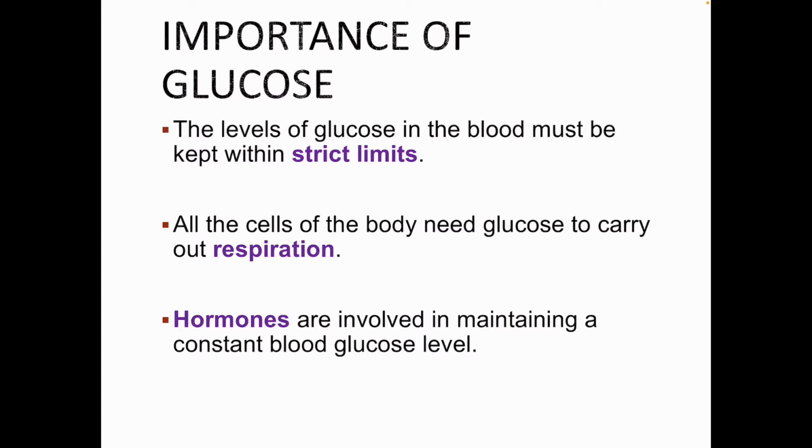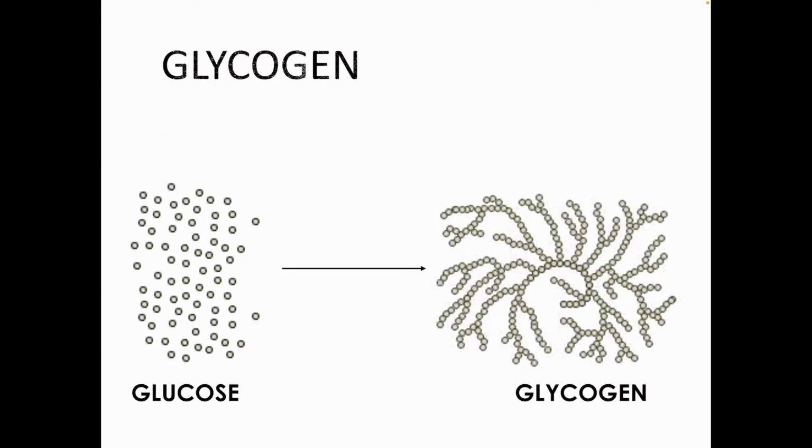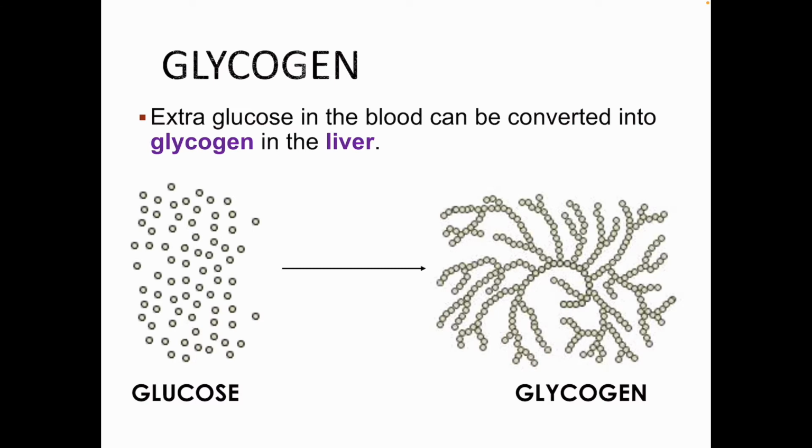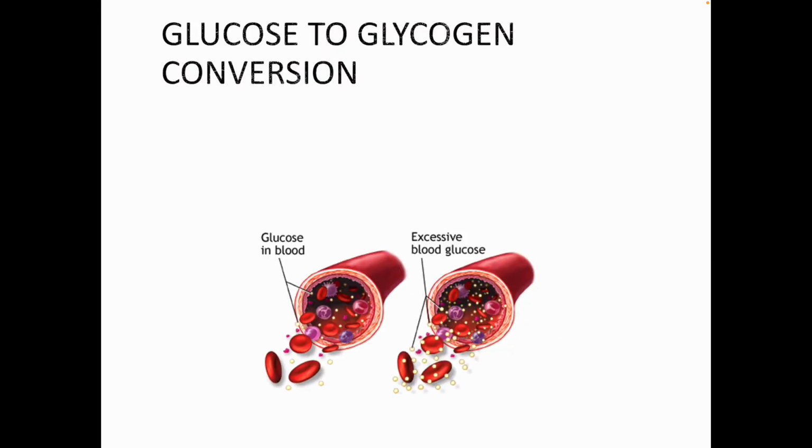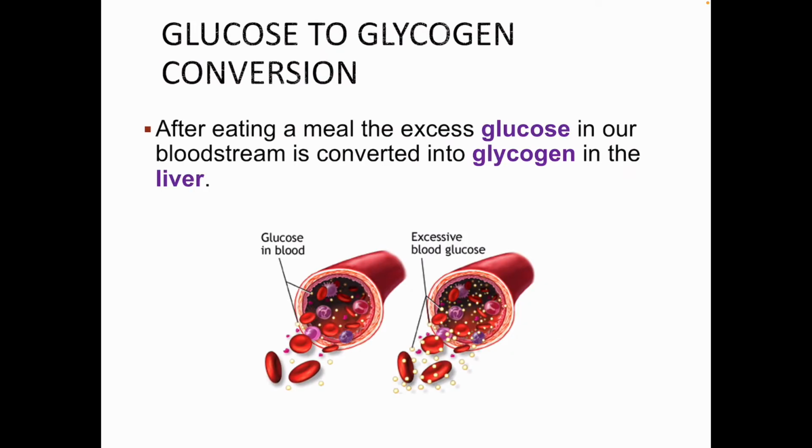There are hormones involved in maintaining a constant blood glucose level. Glycogen is how our bodies store excess glucose, and glycogen is stored in the liver. After eating a meal, the glucose in your bloodstream is converted into glycogen in your liver. The glycogen is then stored until it's needed.